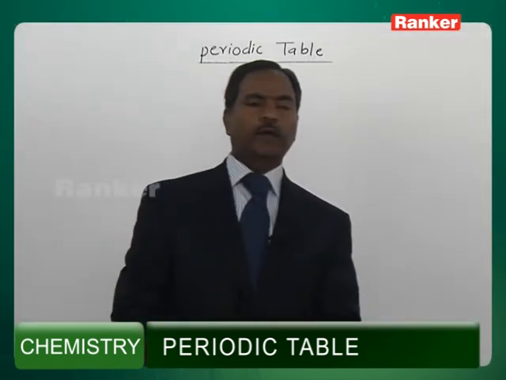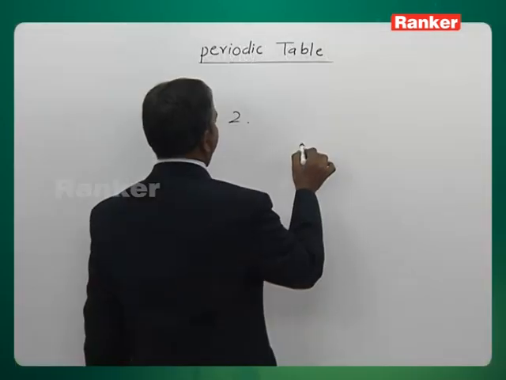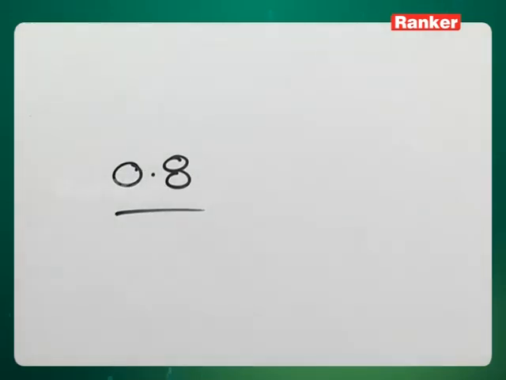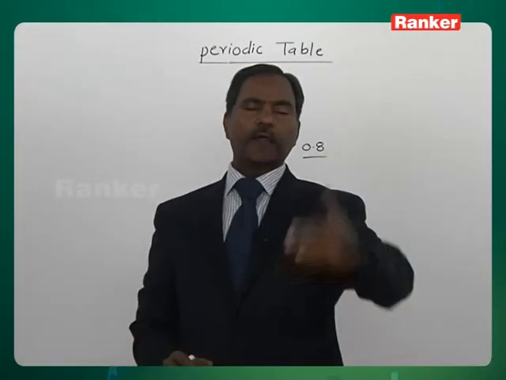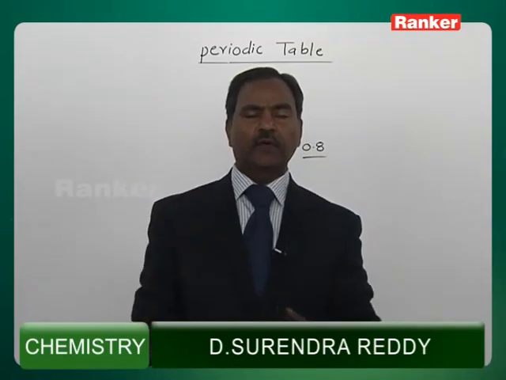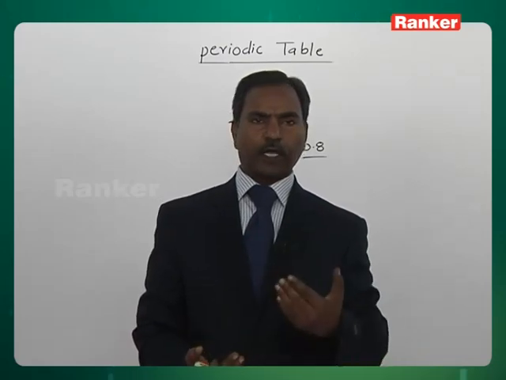Look here, question number 2. Rubidium electronegativity is 0.8, then the bond formed between rubidium atoms could be what? Generally metals have low electronegativity, non-metals have very high electronegativity. Whenever the electronegativity is very low, they are metallic.